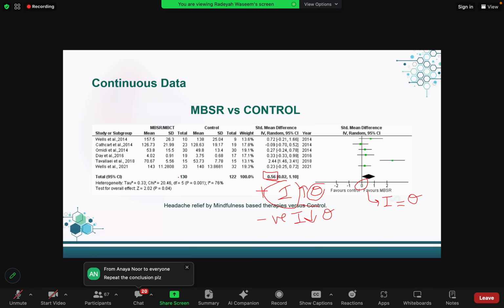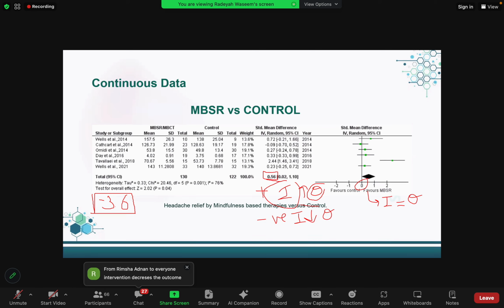Okay. Now, for example, my value was minus 3.6. This was my mean difference. Can you guys tell me, what does this value mean? If my mean difference was minus 3.6, can you guys interpret it for me? I want the whole interpretation.